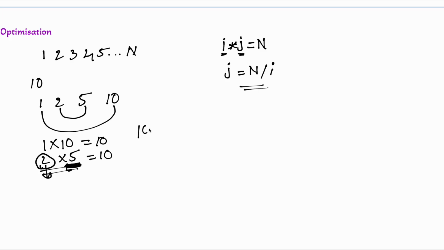So when we are processing, 10 modulo 2 is equal to 0, when we check this, it is true. And at the same time, we have to find out the pair factor of it. How do we find out? It's nothing but 10 divided by 2, which is number 5. So now 5 is a factor and number 2 is a factor.